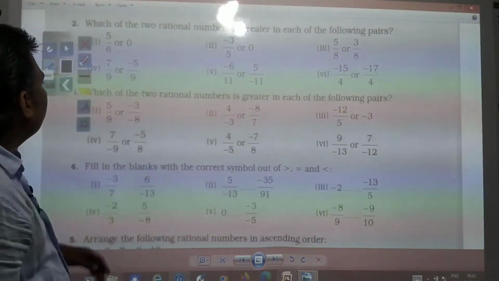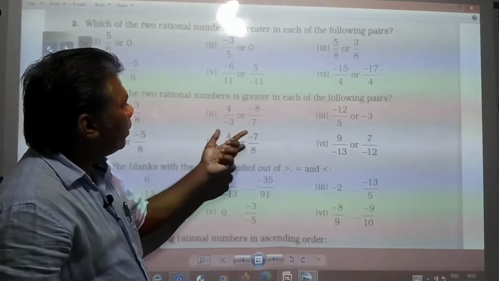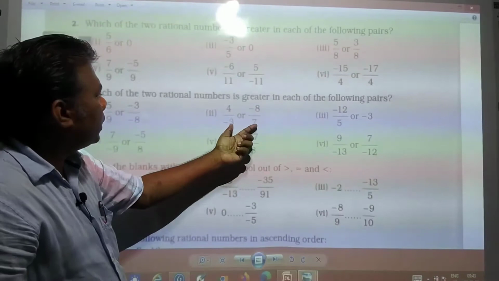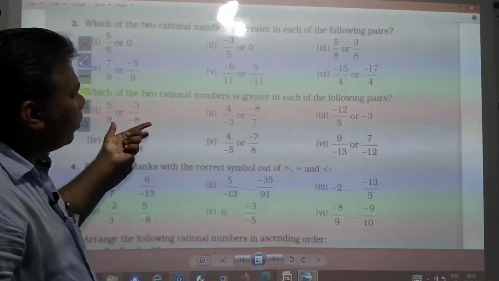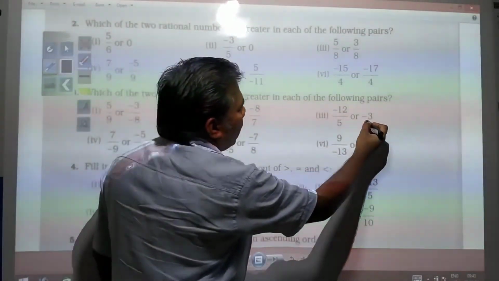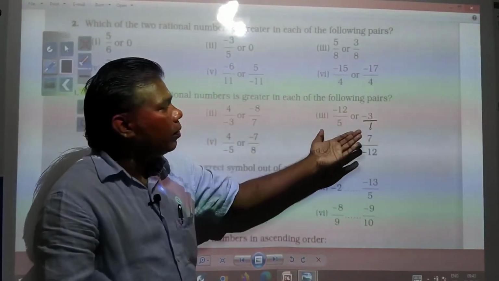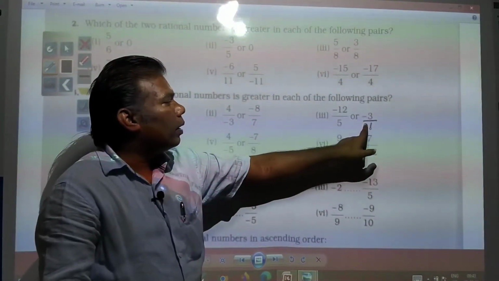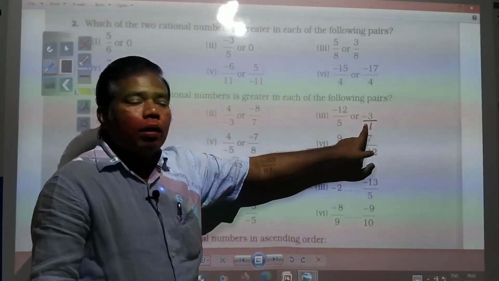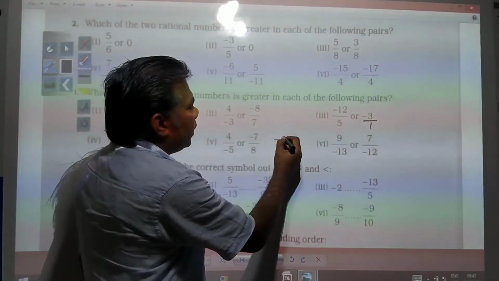Next you see, you have 4 by minus 3 or minus 8 by 7. In the same way you need to do this thing also. Here you have minus 3 by 1, if nothing is there, minus 3 by 1, so your LCM will be 5. This is required to be converted and should be made your denominator 5. So for that, what is needed to be done?